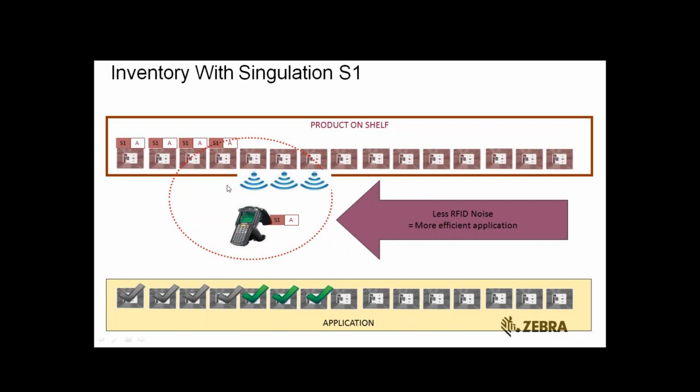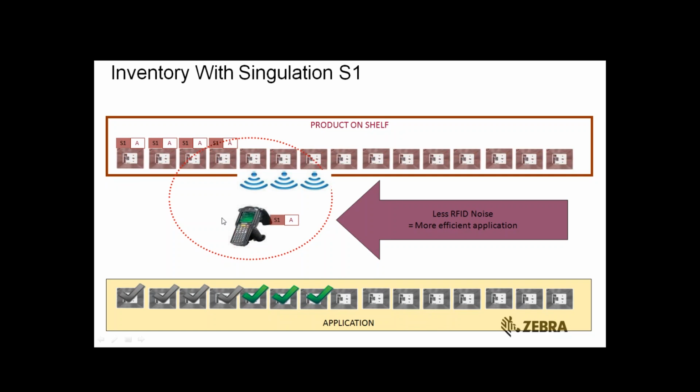Instead of your application keeping track of whether it has read these 4 tags before and reading them again, singulation on the API side will allow you to only look at the tags that you should be reading next.